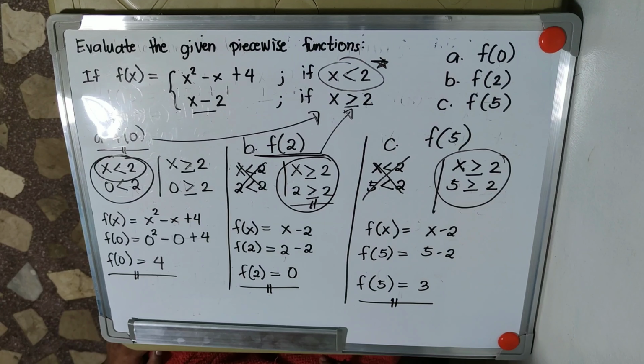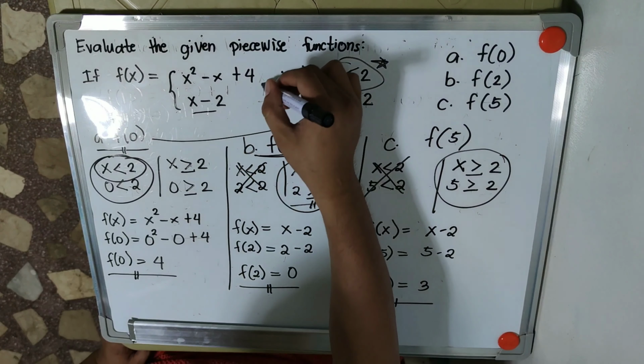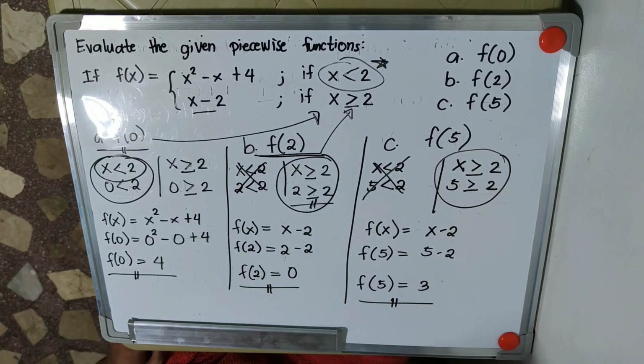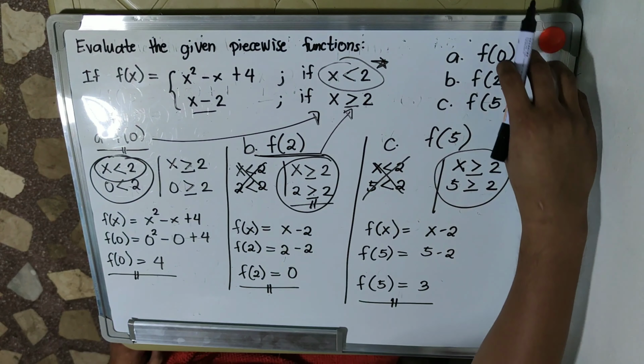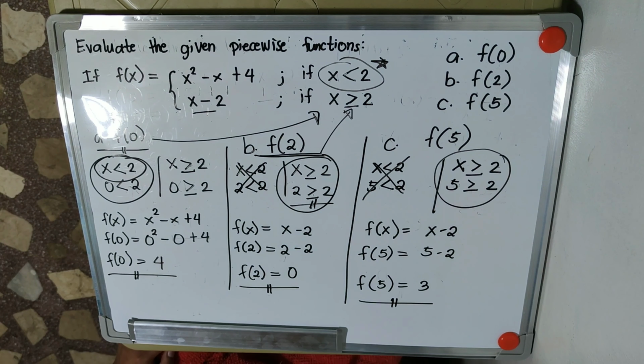The first thing that we need to consider for us to know in which equations that we are going to use, we have to assess which condition will be satisfied by the given values of x. Again, 0, A, B, C. So, meaning to say, that is how we are going to evaluate the given piecewise functions.